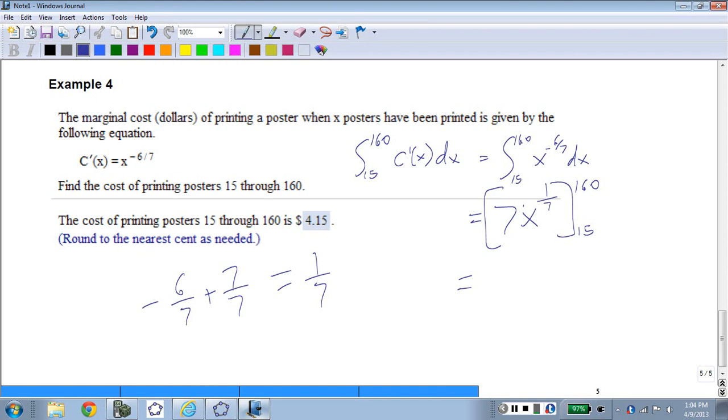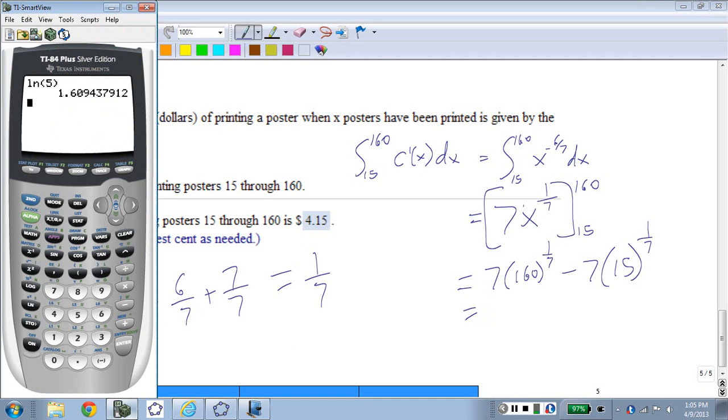So we want the area bounded by the marginal cost function and the x-axis. Let's see. 7 times 160 to the 1/7 minus 7 times 15 to the 1/7 is going to be what?